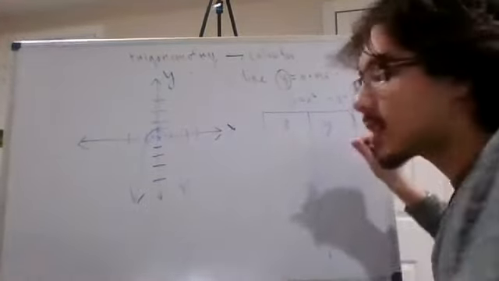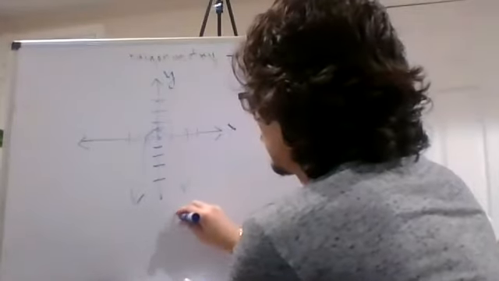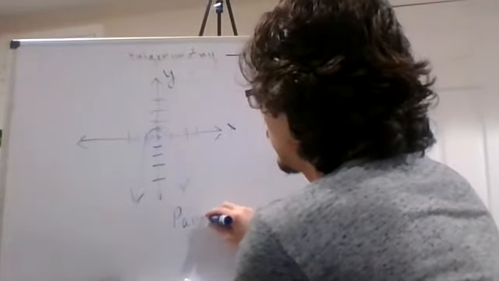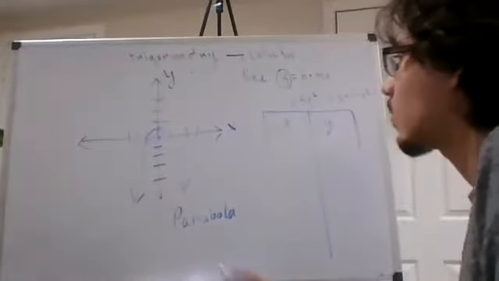Y equals x squared is the same as y equals 1 minus x squared. These are both the same shape, what we call parabolas. I'll just write that. Each of these is a parabola. That is what this weird dome shape is.